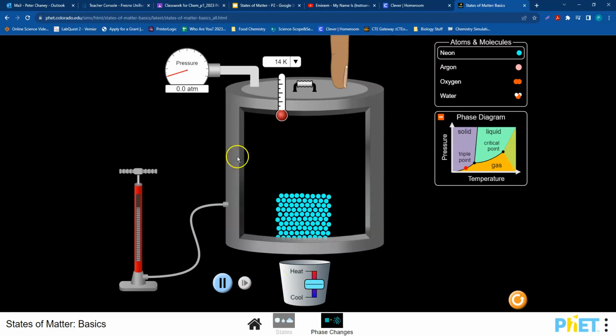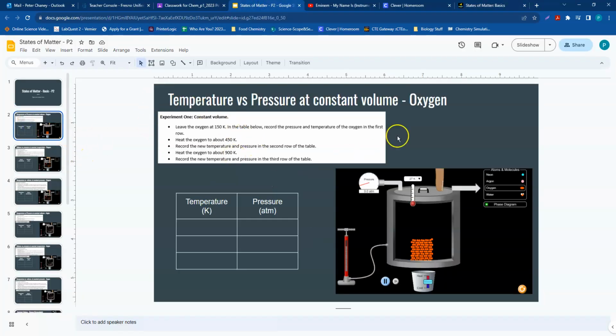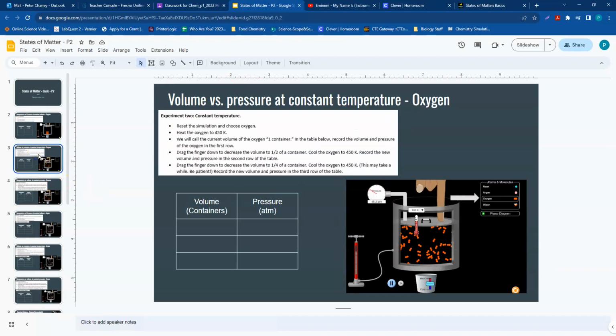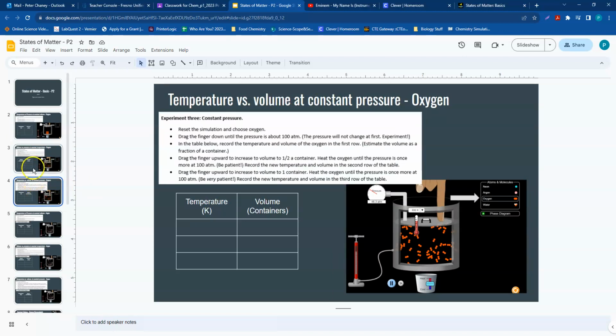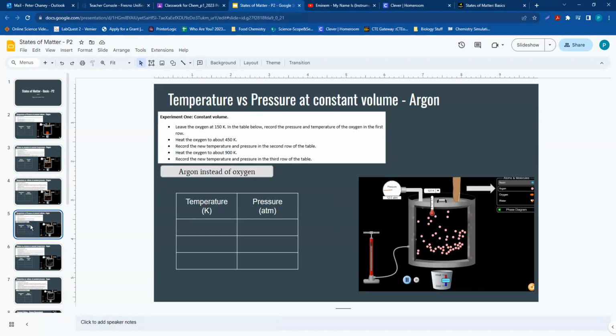Alright, so let's go back to the slide deck, and slide one is giving us an experiment. So we have an experiment 1, and experiment 2, and experiment 3, and all of these are for oxygen. We're going to do the same experiments with argon. So I've put here argon instead of oxygen.